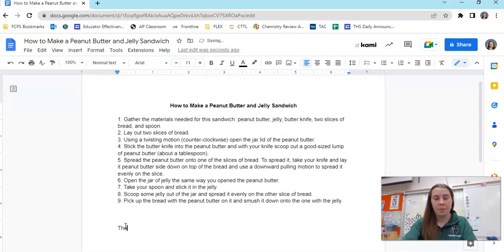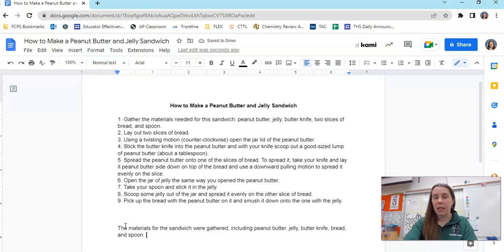So the materials for the sandwich were gathered, and I could say including peanut butter, jelly, butter knife, bread, and spoon.